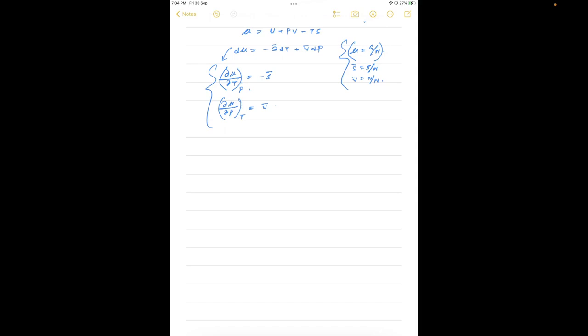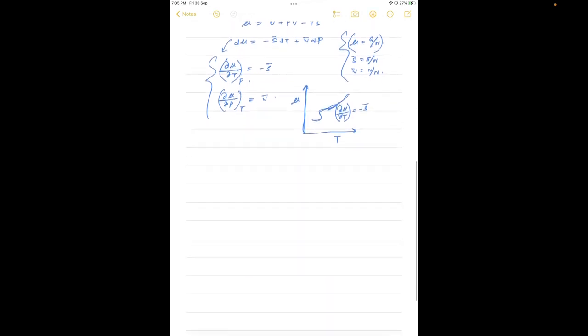Now if you plot mu versus temperature, del mu del T will be just the slope. Let's say this is a random plot. So the slope of the mu versus T plot is basically the negative of the absolute entropy, minus s bar. You have to just remember this. Now what is entropy?